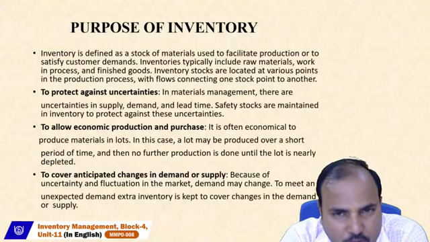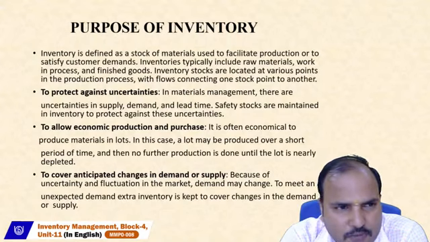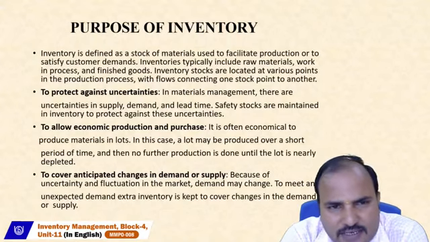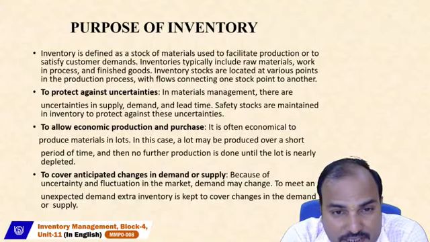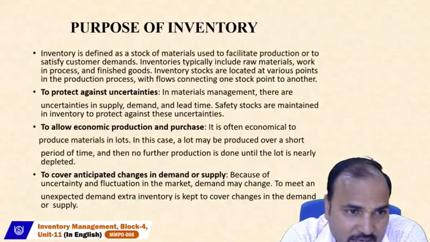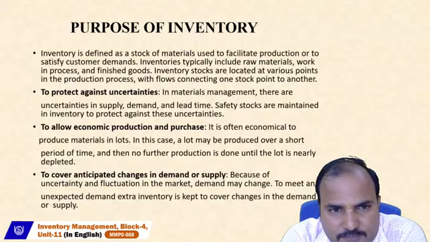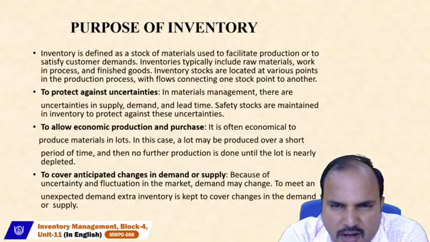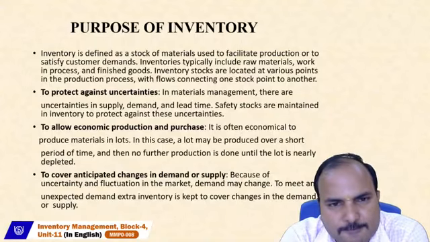Inventory typically includes raw materials, work in process, and finished goods. Inventory stocks are located at various points in the production process with flows connecting one stock point to another.